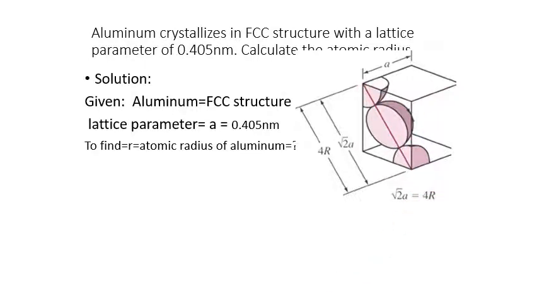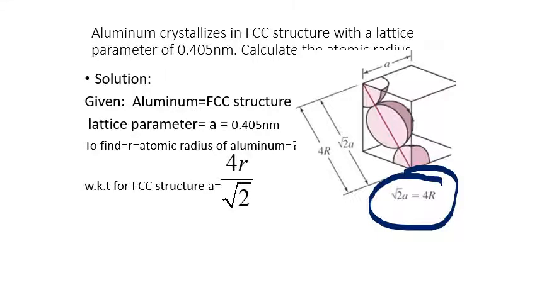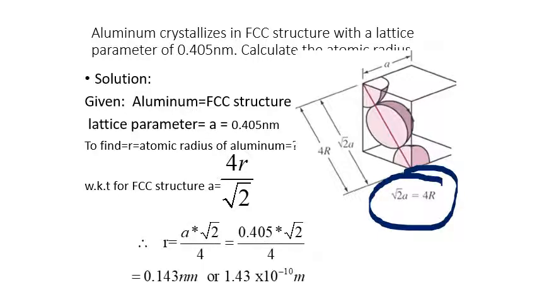So 4R will be equal to root 2A, so for FCC, R will be equal to A into root 2 divided by 4. Substitute the given value of A in that.